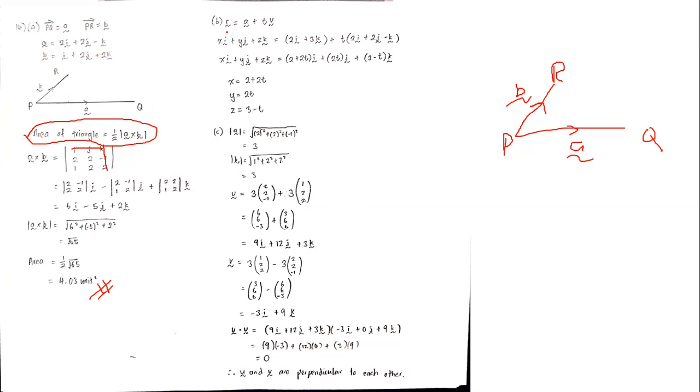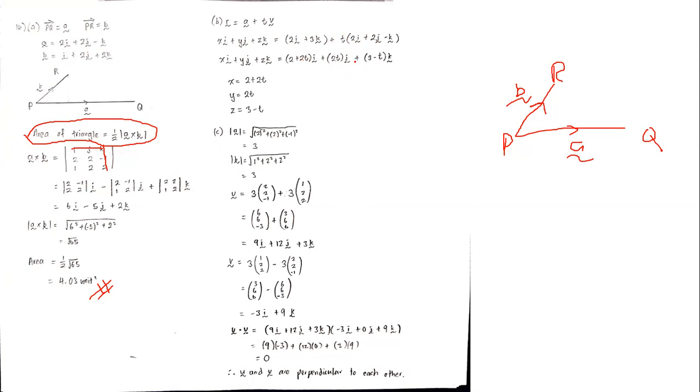How about vector r? This is unknown, so we know that vector r is xi plus yj plus zk. So we can compress it and add up. It's 2 plus 2t, where t is multiplied inside. So we get 2 plus 2t for i, and for j it is 0 plus 2t.